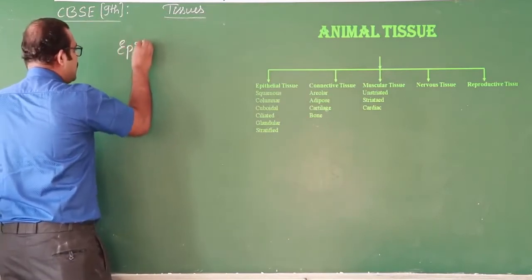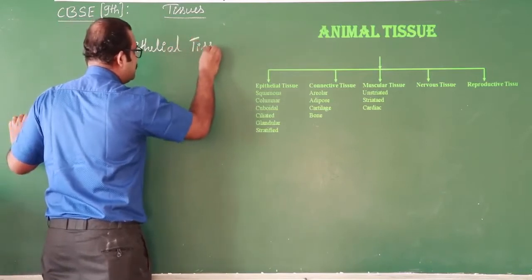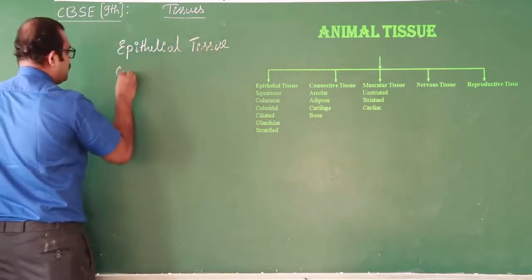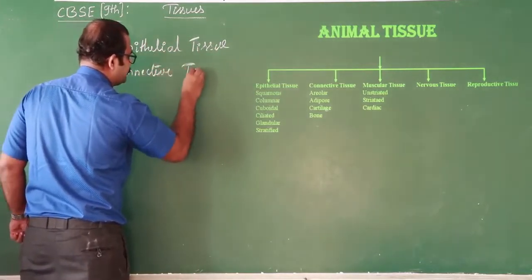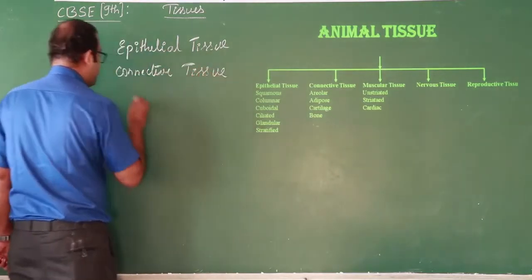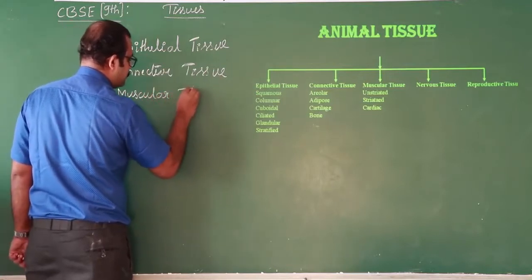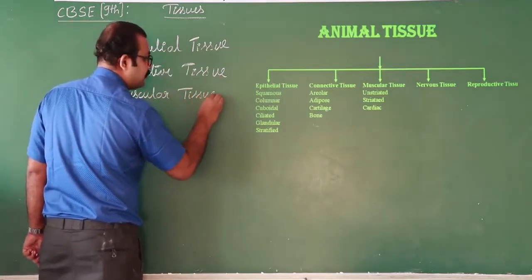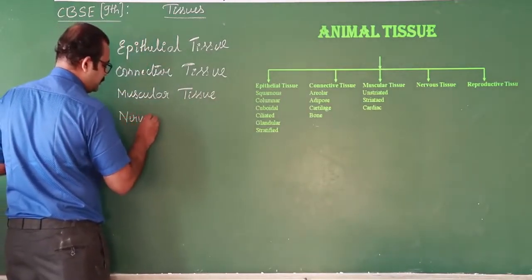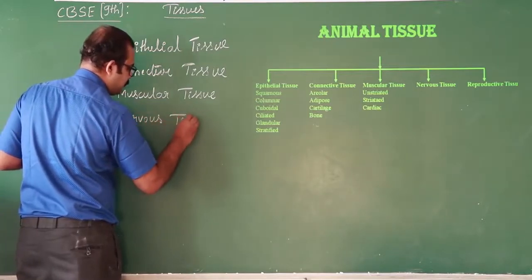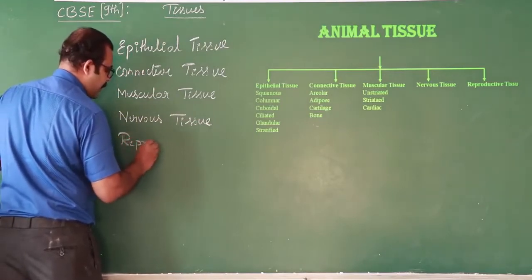So this is epithelial tissue, connective tissue, muscular tissue, nervous tissue, and the other one, reproductive tissue.